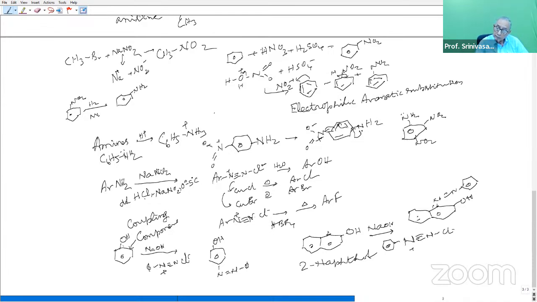So the resulting compound does not have any solubilizing groups. This is called a pigment.